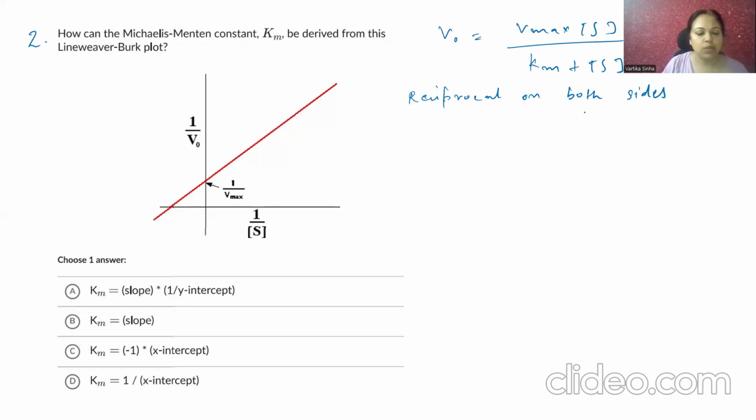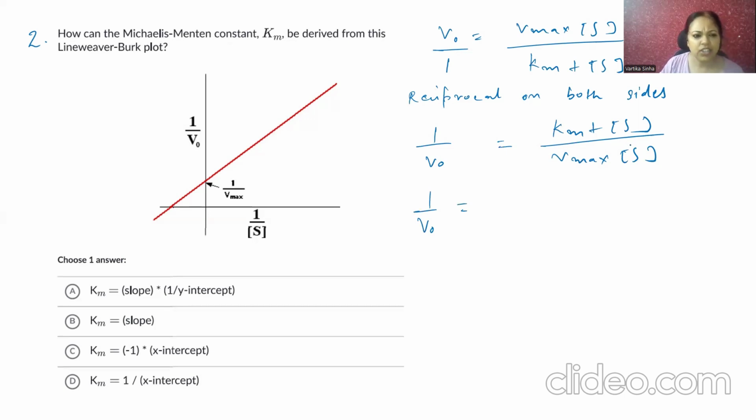Reciprocal on both sides means 1 upon, so the thing on the left will be 1 upon, and the thing on the right will become reversed. Initially it is V naught upon 1, and now it is 1 upon V naught after taking the reciprocal on the left-hand side. Now, on the right-hand side, it will be Km plus S over Vmax times S, right?